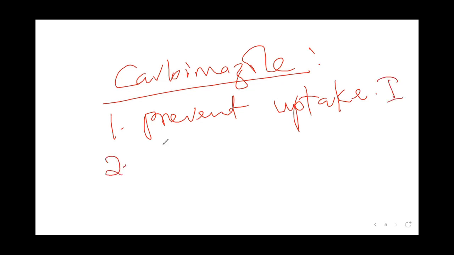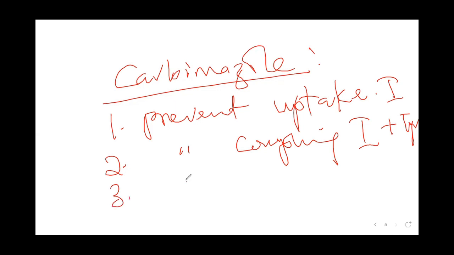It prevents coupling of iodine to tyrosine. And it prevents coupling of monoiodothyronine and diiodothyronine to produce the thyroid hormones.